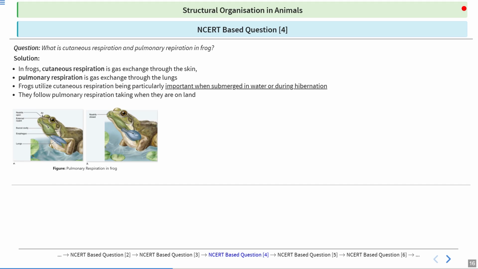So what happens to the air? The air that is present in the buccal cavity passes to the lungs. So in this way, the pulmonary respiration occurs inside the body of the frog, right? And for the skin, what is involved? For the cutaneous respiration, skin is involved.